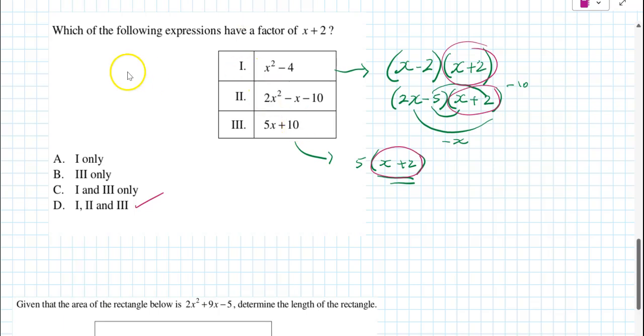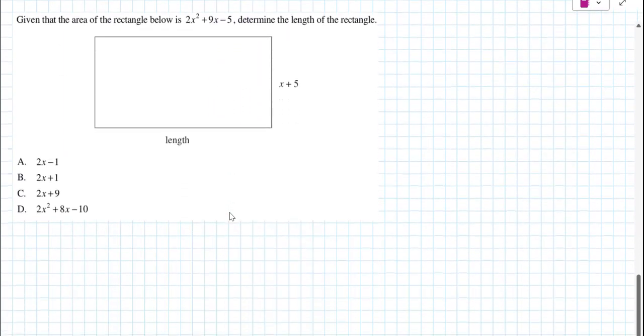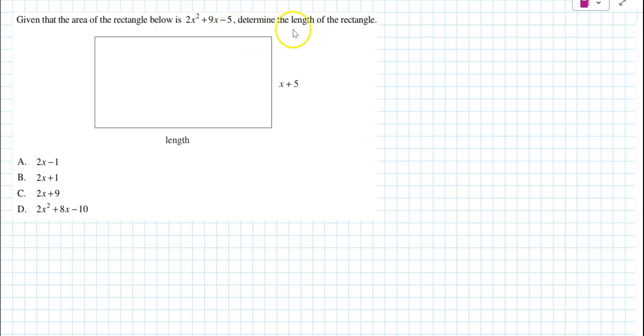Okay, very good. Now let's look at another one. Last one. All right, so given the area of a rectangle below is 2x squared plus 9x minus 5, determine the length of the rectangle. So basically now you know that to find the area of a rectangle is length times width.